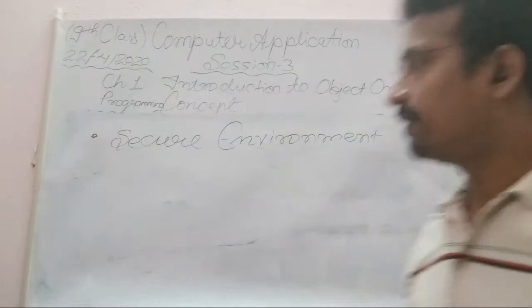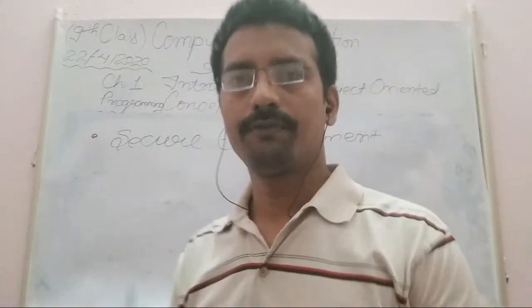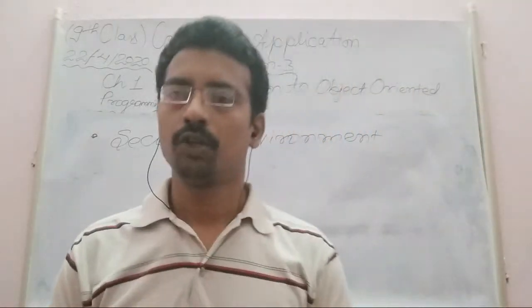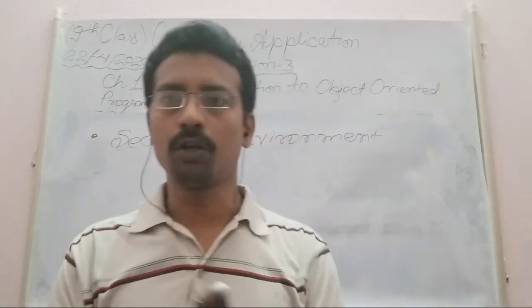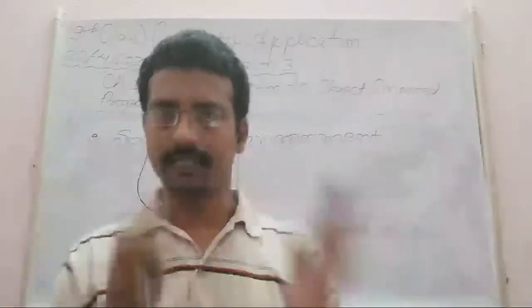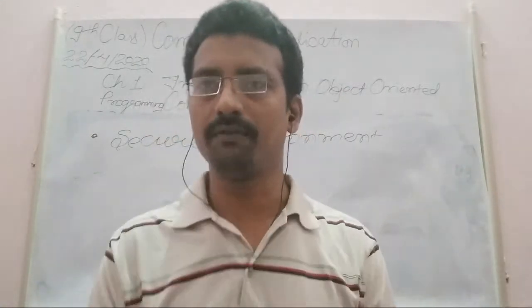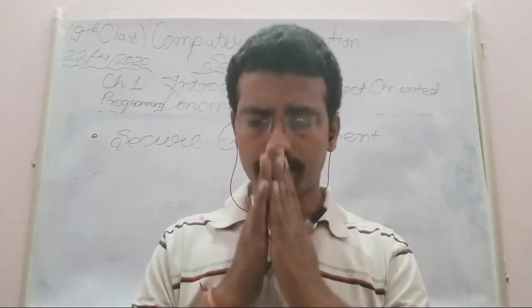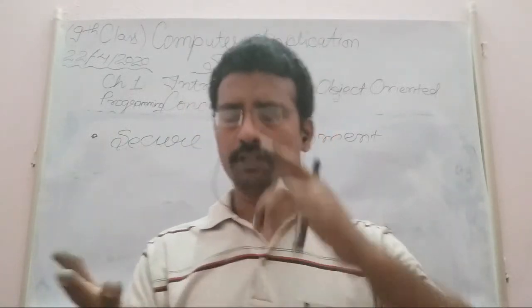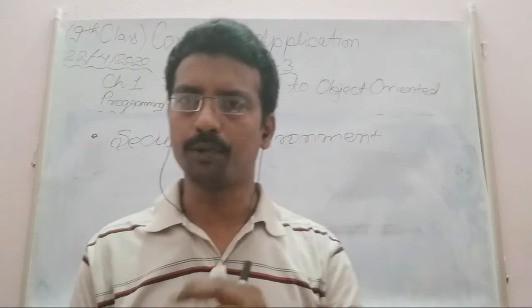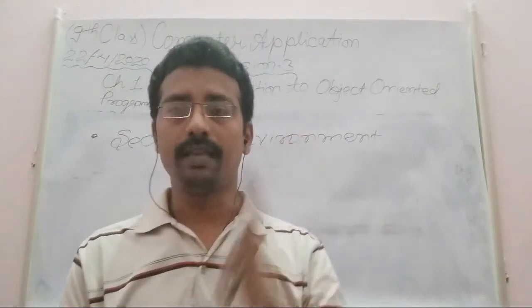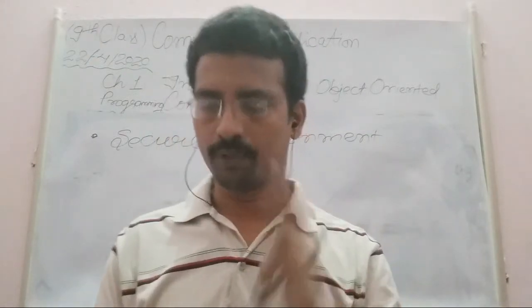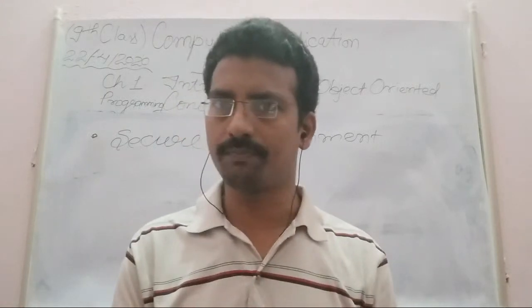Next, this is all about your first chapter. So a small recap of the first chapter: what topics we have covered until now. First we discussed the different types of programming paradigms. Then we discussed procedural programming and object oriented programming.